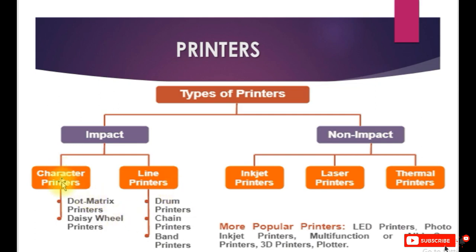Where character printers are concerned, we have the dot matrix and the daisy wheel printers. For line printers, we have the drum printer, chain printer, and band printer. Now, over on the non-impact printer side, we have things like inkjet printers, laser printers, and thermal printers, for instance.